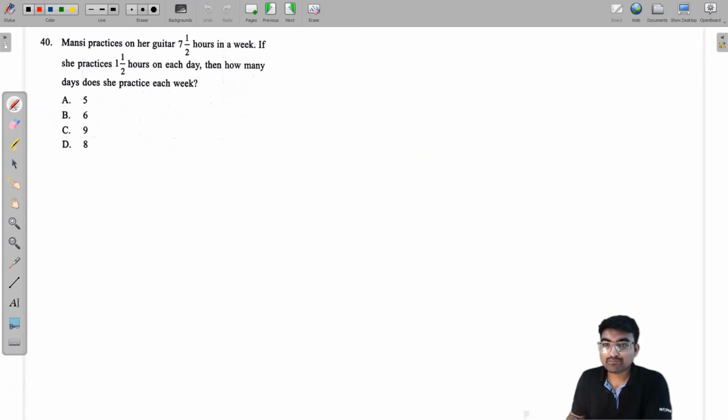Now Mansi practices on her guitar 7.5 hours in a week. If she practices 1.5 hours on each day, then how many days does she practice each week? Okay, so 7.5 hours in a week, and 1.5 hours each day.